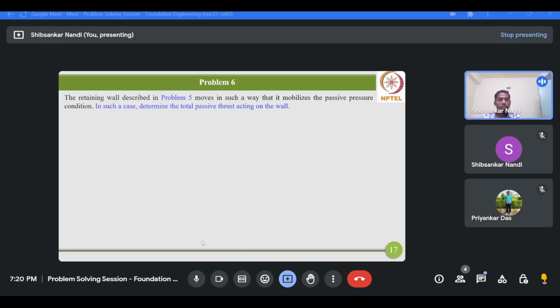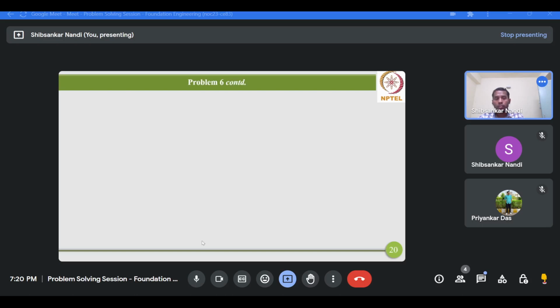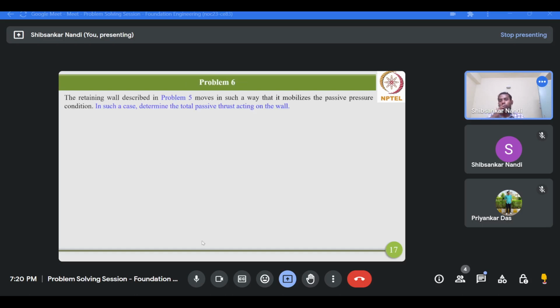Since we have already exceeded our time bound, we'll start solving the remaining problems in the next session. So 3 more problems are there. First, problem 6 is interlinked with problem 5.